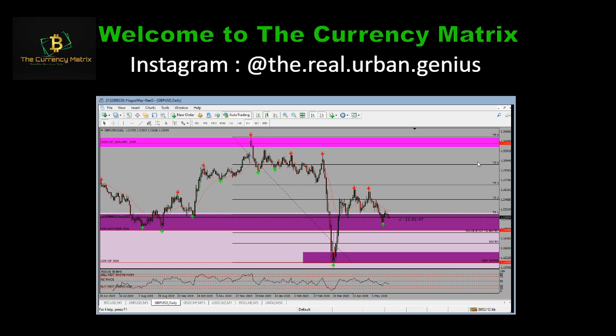Now, looking at the chart, we can see some levels identified here by the Fibonacci. We can see that we have a swing there at 1.27042. We're around 61.8% retracement on the daily.